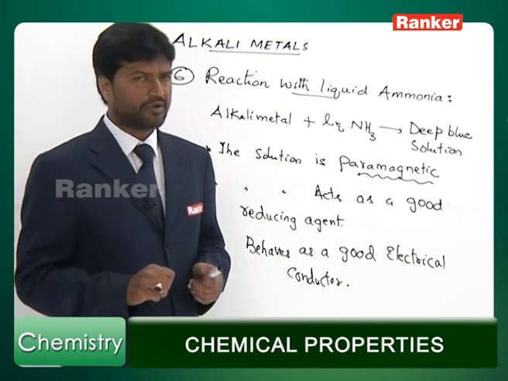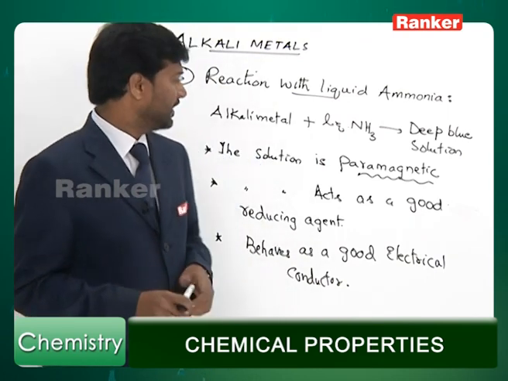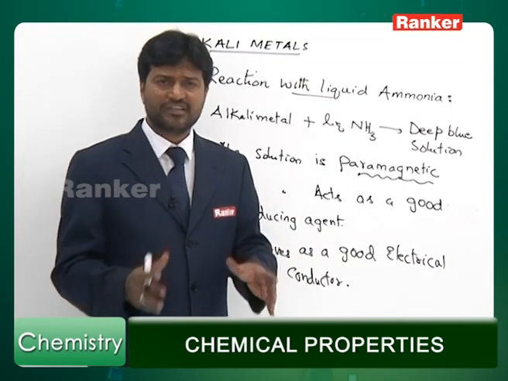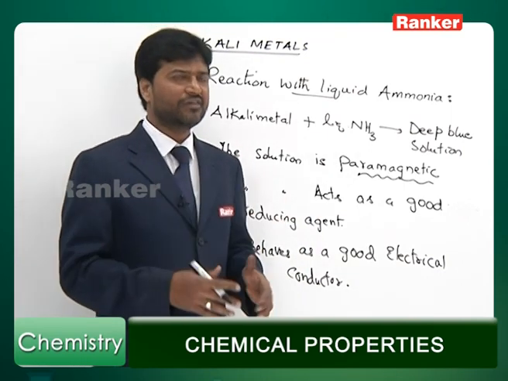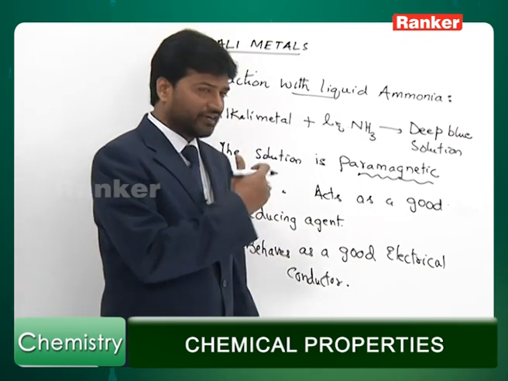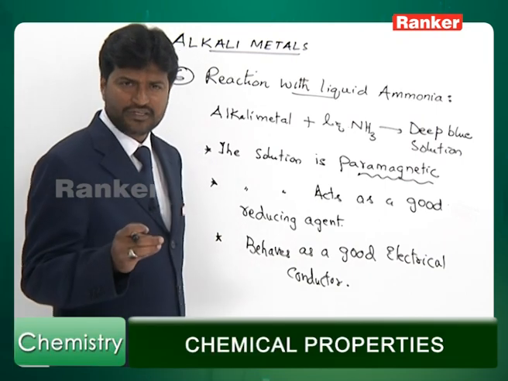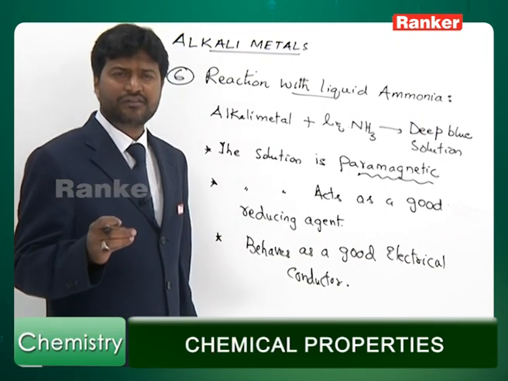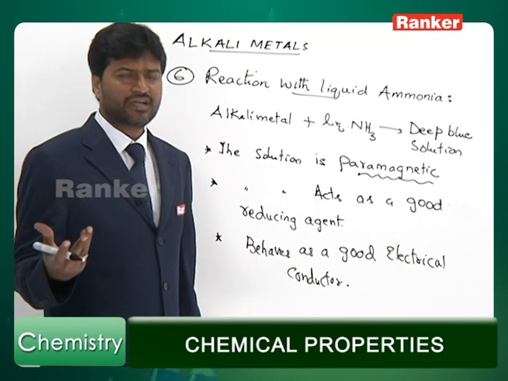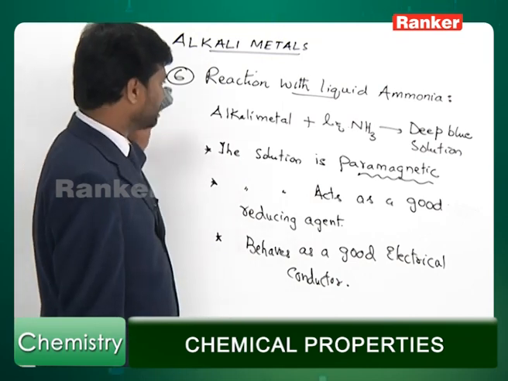So, these 4 properties, color, conduction, paramagnetic nature and reducing nature, can be explained on the basis of this reaction which I am going to write now. All these properties are due to presence of electrons in the solution. So, I am going to put that equation here.